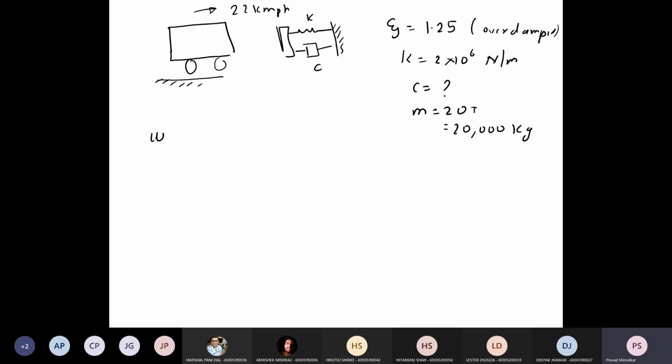Omega n is equal to square root of K by M. That is equal to 3.16 radians per second. Correct? So substitute K and M, and then you get omega n.